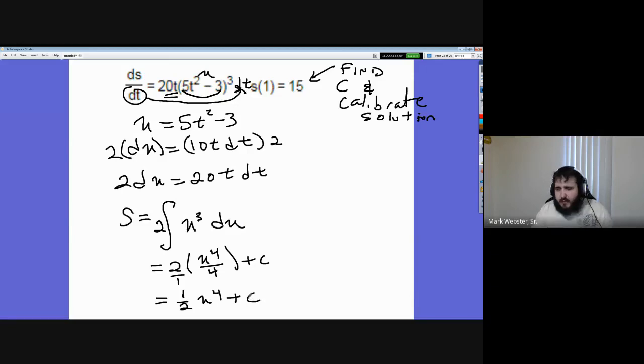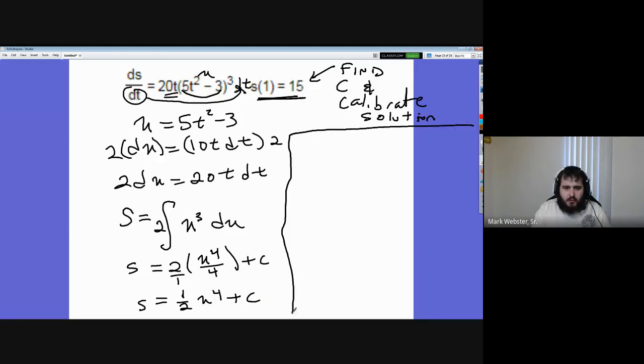So here we have our general solution, but now they tell us, hey, s of 1 is 15. That means when t is 1, s is 15. So let's find c. Well, let's plug back in what we've got for u, right? So let's do that. u is 5t squared minus 3.